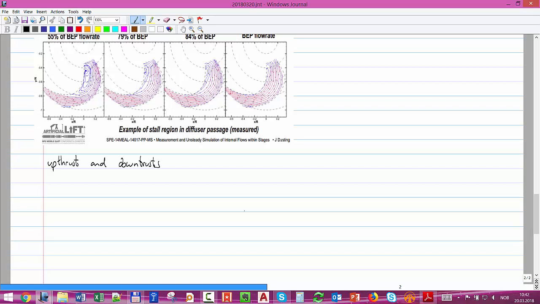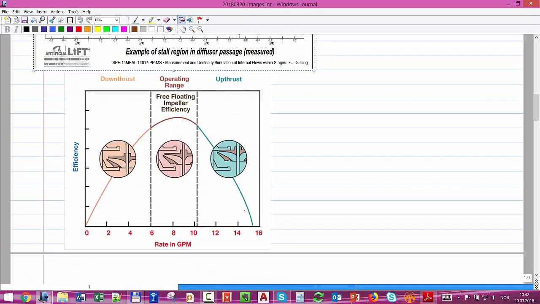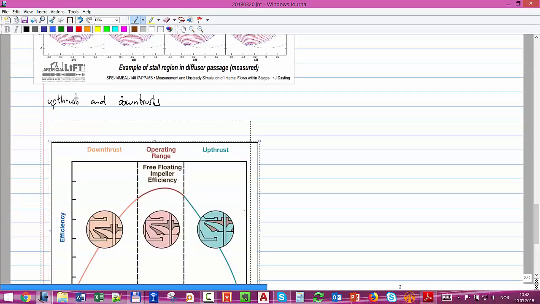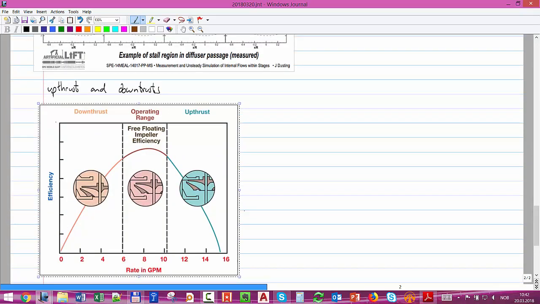I think I had a figure, maybe it's here. So depending on the construction of the pump, you have what are called floating impeller and solid.